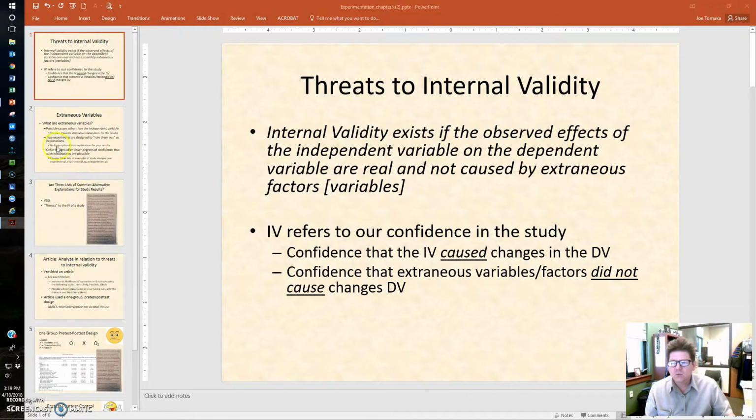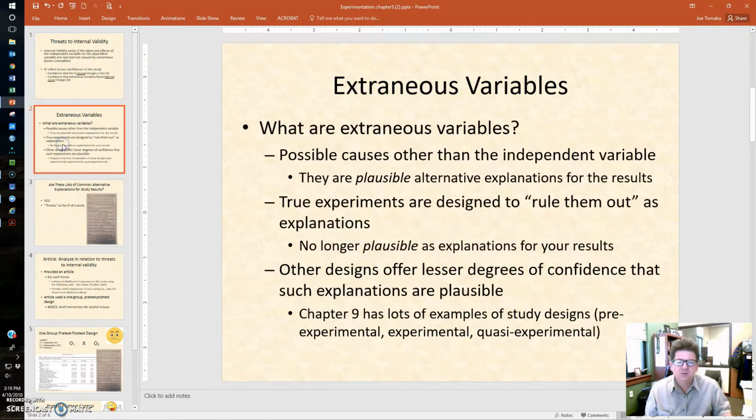Right? So what are extraneous variables? Well, extraneous variables are possible causes other than the independent variable. In research, they are plausible alternative explanations for the results, reasons why you might have seen a pattern of results that were not due to the independent variable.